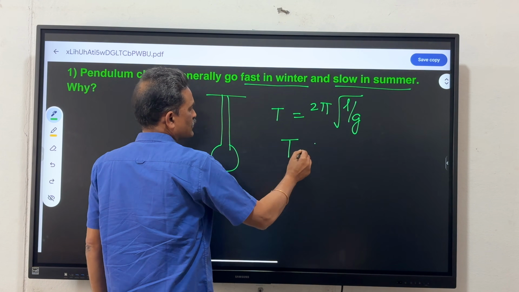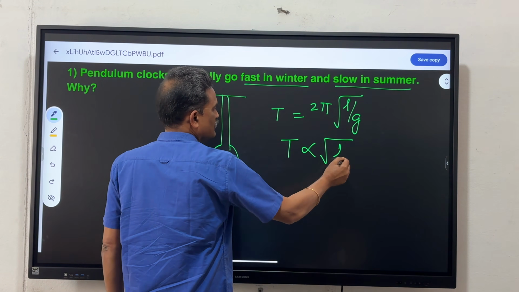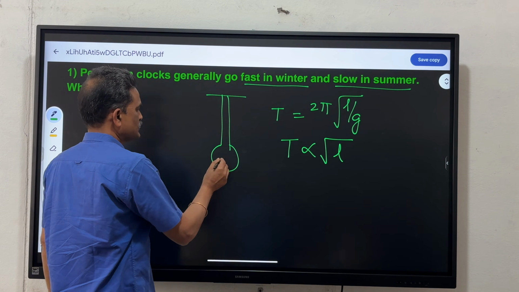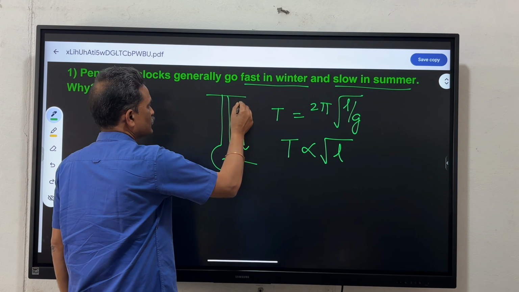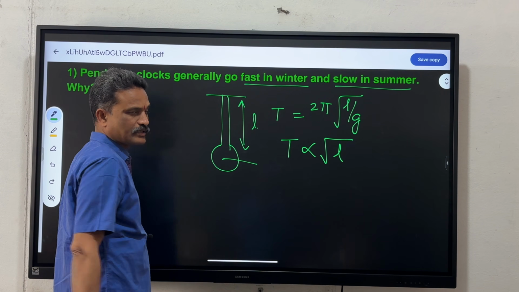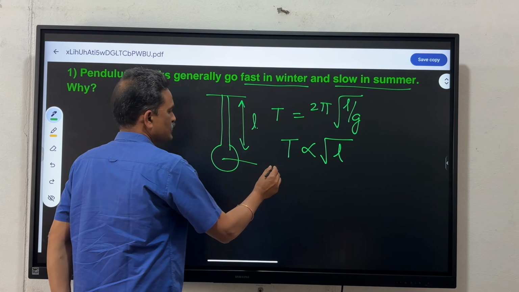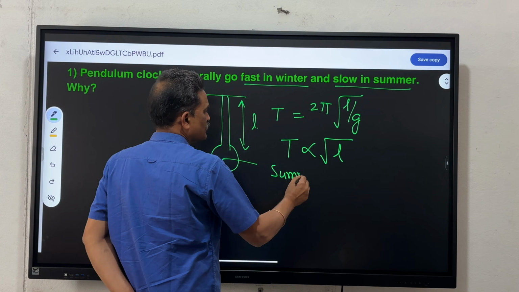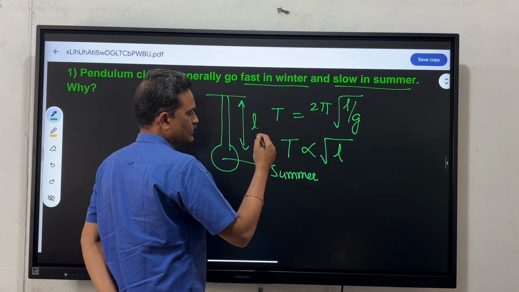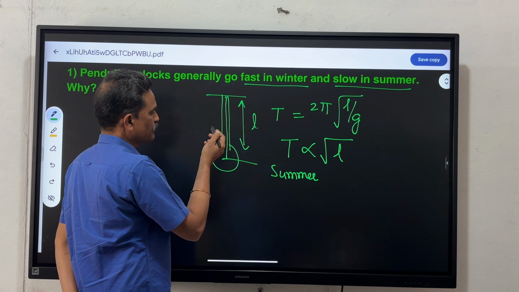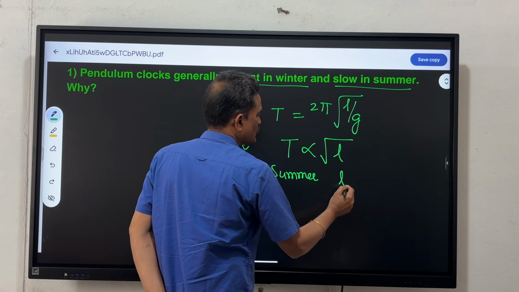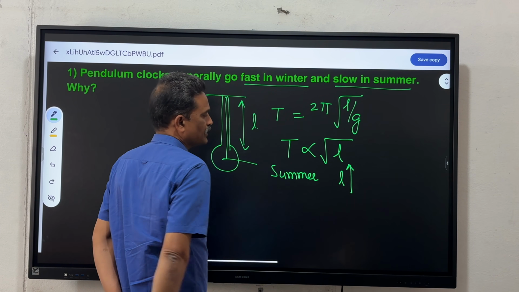So the period of oscillation is directly proportional to the square root of the length. So this is the length. If length increases, T also increases. So what happens in summer? In summer, due to the high temperature, thermal expansion of the pendulum takes place. That means in summer, the length of the pendulum increases.